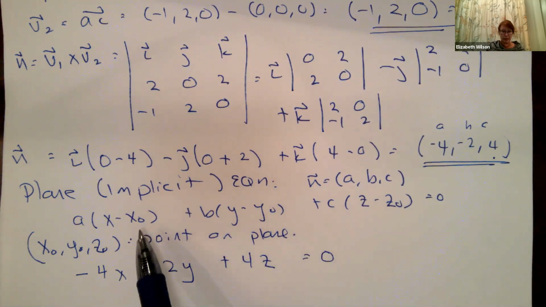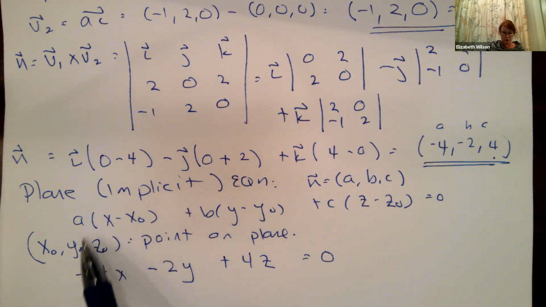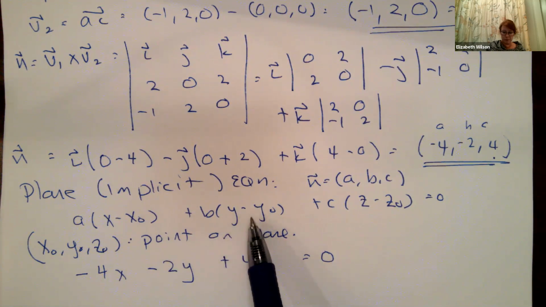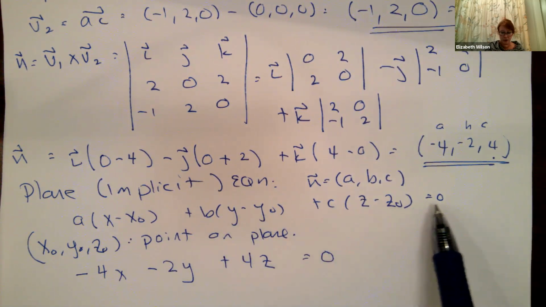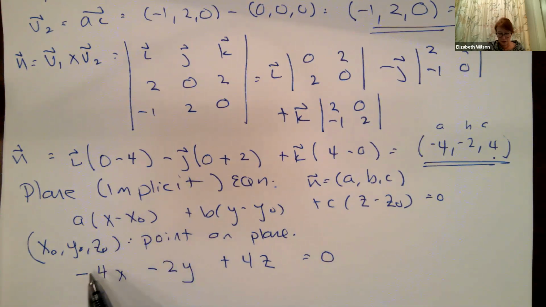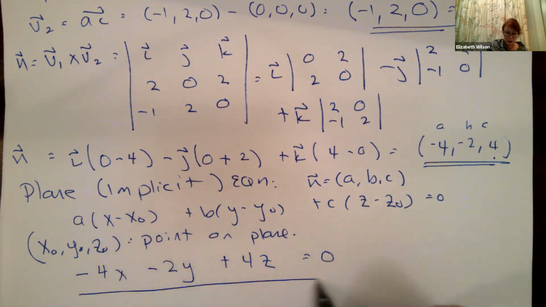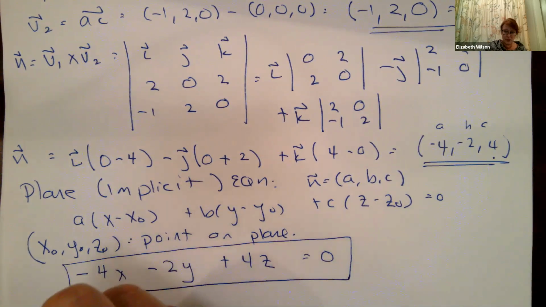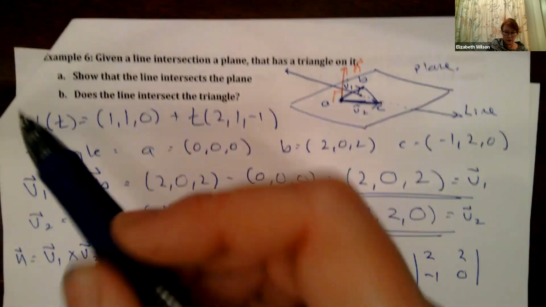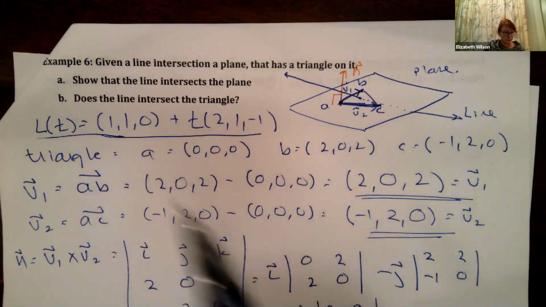Now I would be plugging in 0, so -4 times (x minus 0) plus -2 times (y minus 0) plus 4 times (z minus 0) equals 0, and anything multiplied by 0 just gives me 0. So this is my plane equation. I needed that. So now I can start thinking about the intersection of that plane with this line here.